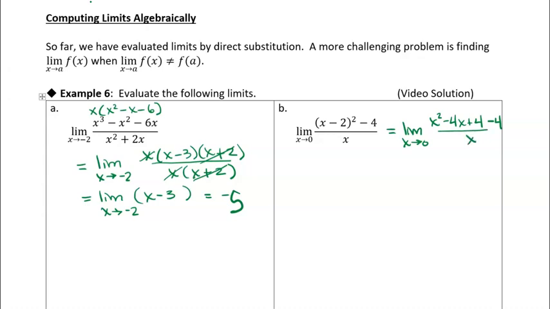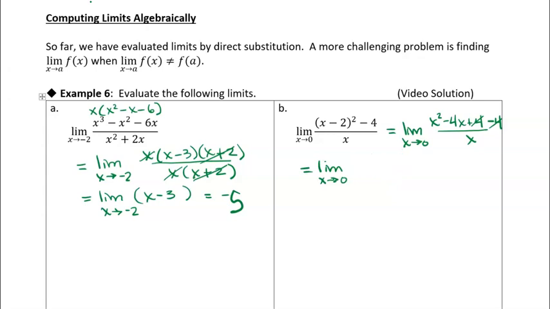Now we can see that we have a +4 and a -4. Those cancel out. And then, again carrying the limit along, x approaches 0, we have x squared minus 4x. So I'm going to factor out an x, and I'll get x times x minus 4 all over x.